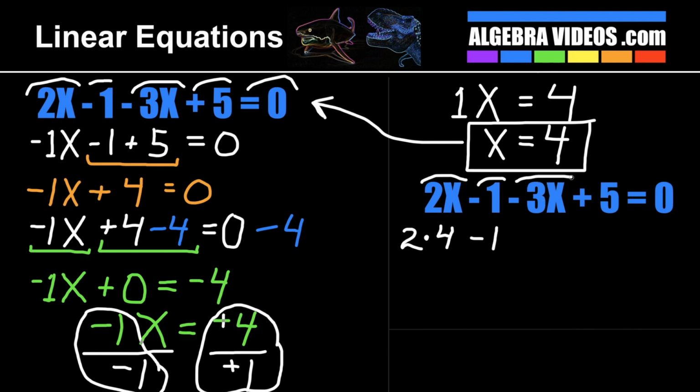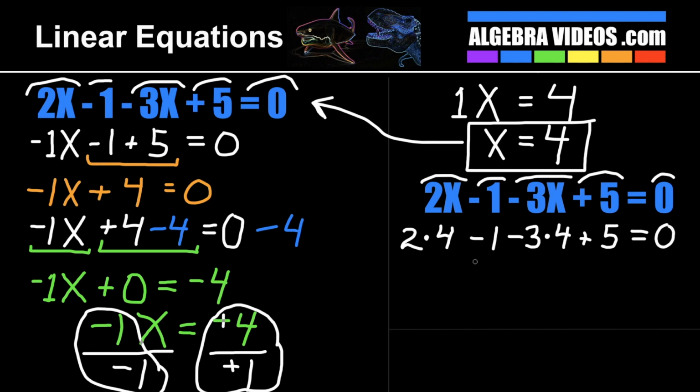And then we have a minus 3x. So I'll write minus 3 times x. Well, we're plugging in a 4 for every x, so I'm going to do a 3 times 4. And then the next term is plus 5. So plus 5 equals 0, right? That's what's on the right side of the equation.